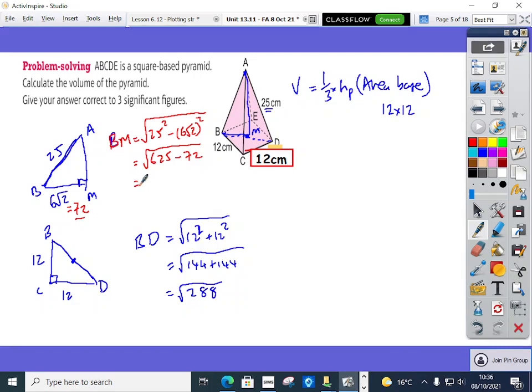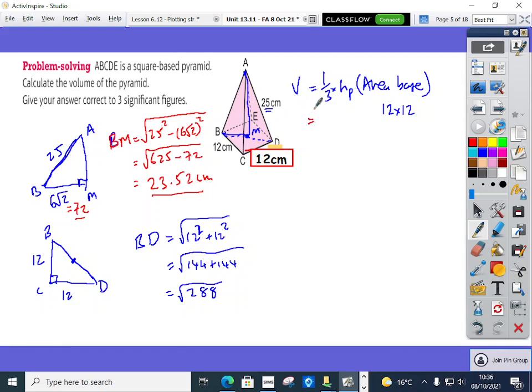If I do 625 take away 72, and then I square root my answer, you get root 553. But I'm just going to use approximation now. That's going to give me 23.52. Now notice I use more than 3 significant figures because you don't want to be rounding too early here. You round it at the end.